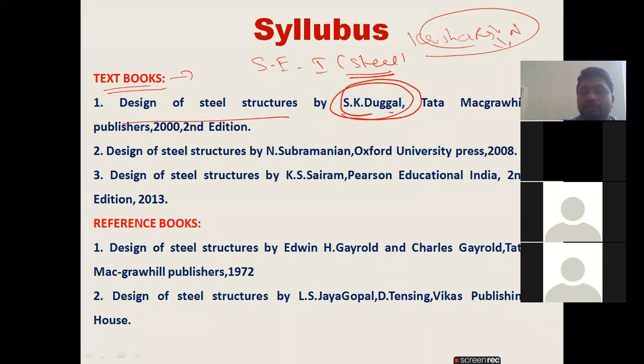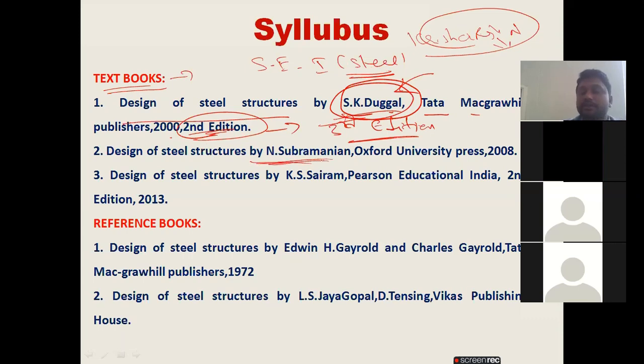Okay, the publisher is Tata McGraw Hill. It is showing second edition, but already the third edition is also there in our library. Okay, please refer to this one. All of you, please come to the college whenever you are free. Please take the S.K. Duggal textbook. Okay, and next, Design of Steel Structures by N. Subramanian.